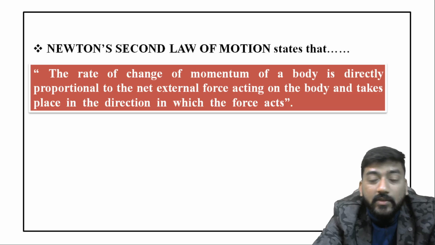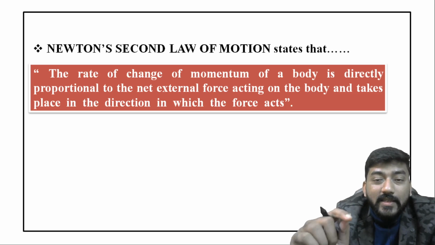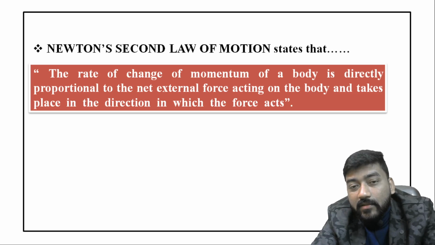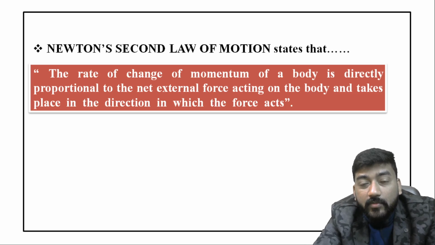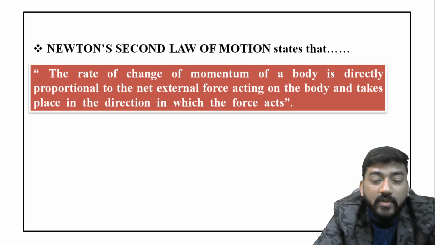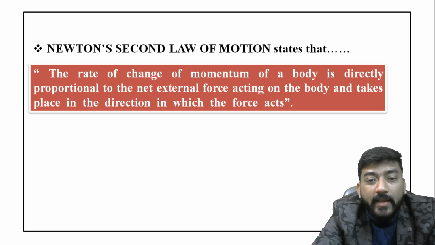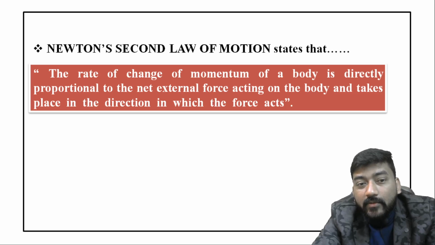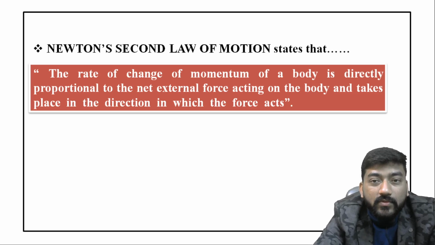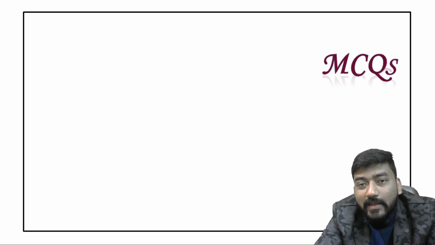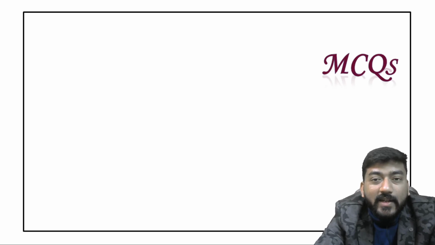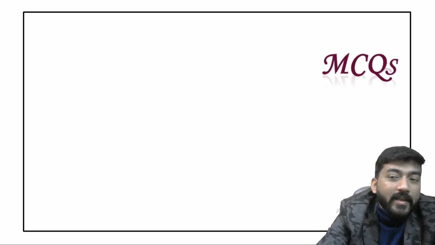Obviously, in whichever direction the force is acting, the change in momentum will occur in the same direction, and the rate of change of momentum will always be proportional to the magnitude of the force. Okay, so this is the statement, and in a later class I will discuss more about Newton's second law, its mathematical form, its applications, etc.